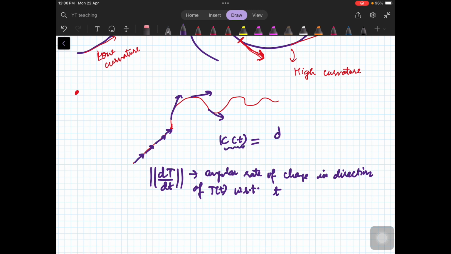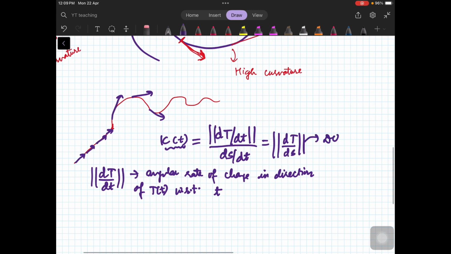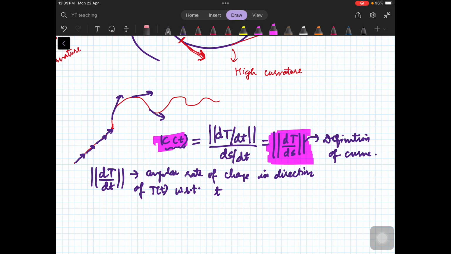So if I look at the quantity dT by dt divided by ds by dt, this is the chain rule. This gives us modulus of dT by ds, which is nothing but the definition of curvature, because the definition of curvature says: what is the angular rate of change of the direction of T with respect to a unit change in distance, right? So this is how we are going to define the curvature for any curve, right?